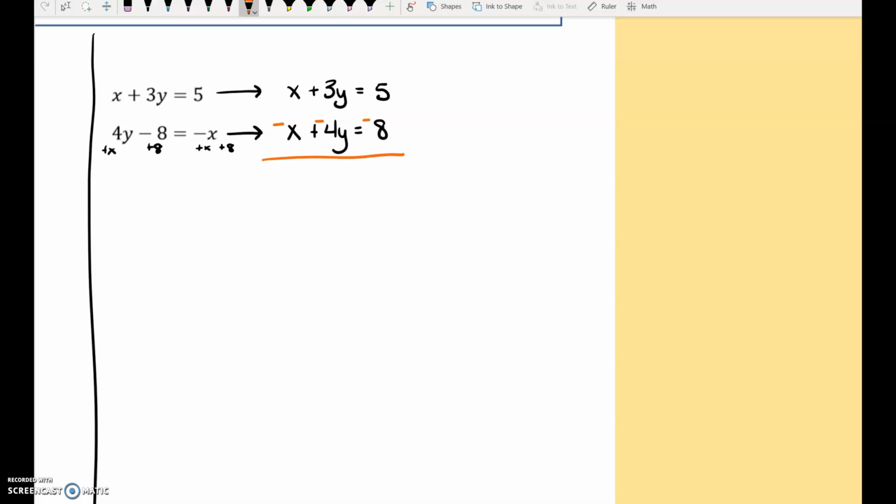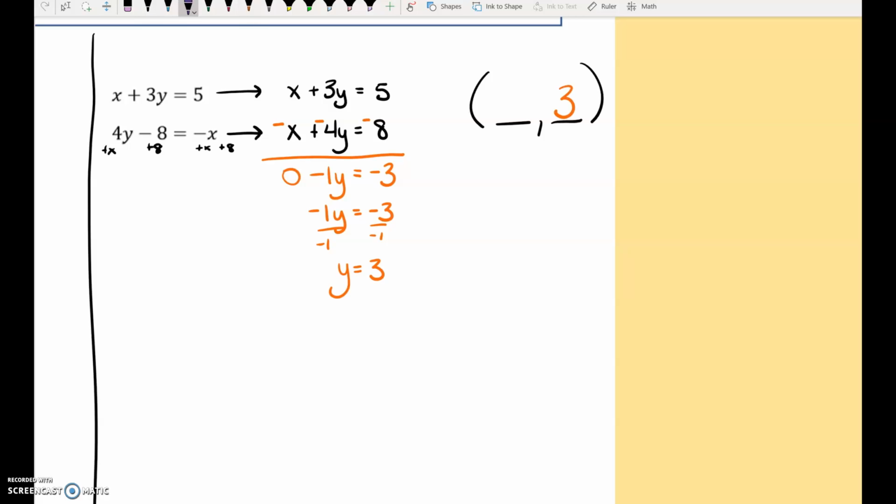Then let's add them together. X and negative x is 0. 3y and -4y is -1y. 5 and -8 is -3. So what does y equal? 3. Our y value is 3. We need to find our x value.